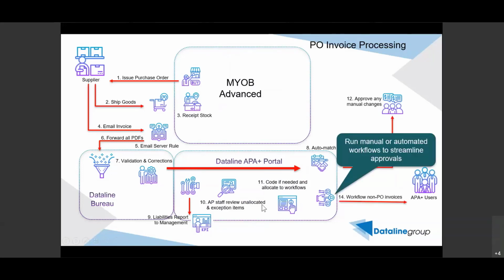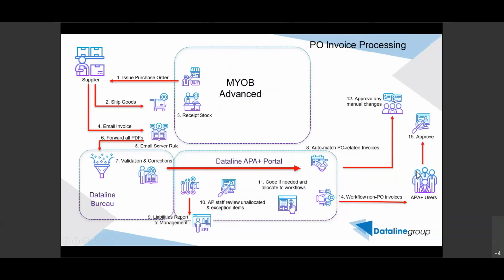In the case of non-purchase order related invoices, they can go through multiple steps around the business for approval through our portal interface. And once they're all approved, those invoice files will pass automatically back into MYOB Advanced that night and be posted as bills ready for payment.